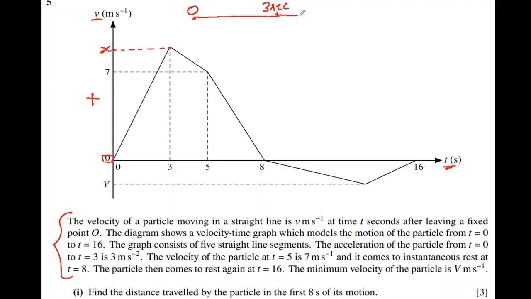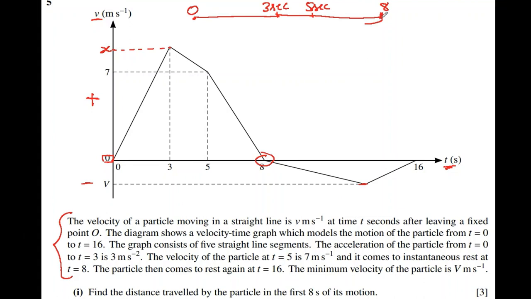So first it will slow down to 7 meters per second after 5 seconds. It further slows down till 8 seconds and stops here. At 8 seconds it stops because the velocity again became 0. And after that, can you see the velocity goes in the negative zone? This is a negative velocity now. Now it has changed its direction and it becomes faster till some value which is much less than 7.